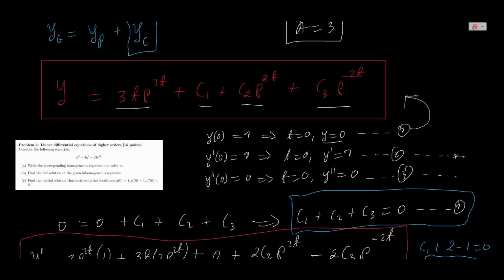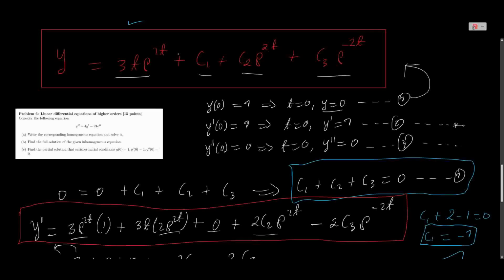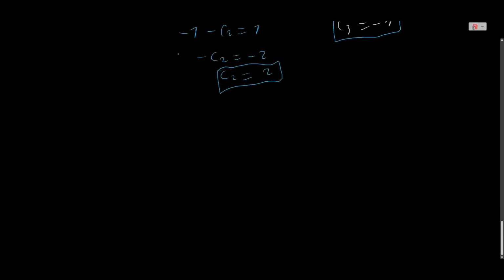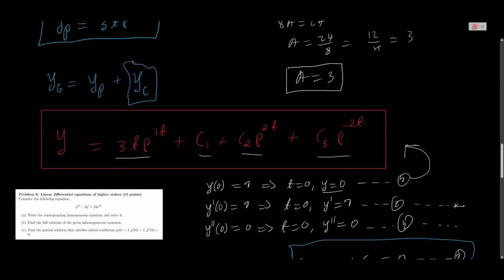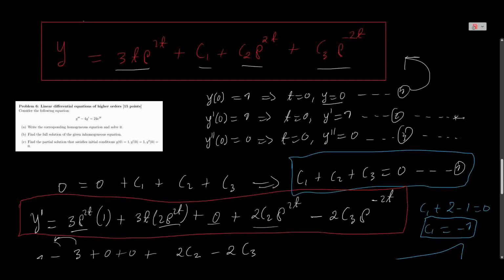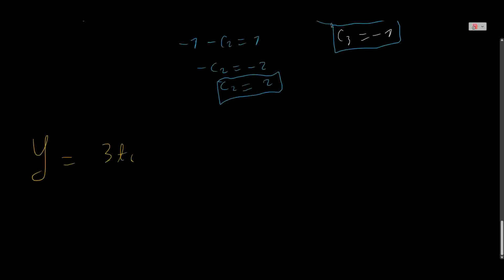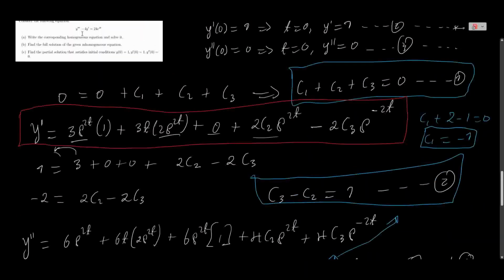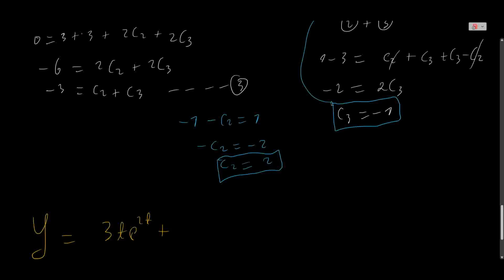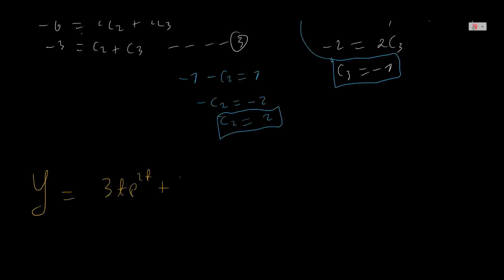So our final solution will be y equals 3t e raised to the power 2t plus c1 plus c2 e raised to the power 2t plus c3 e raised to the power minus 2t.